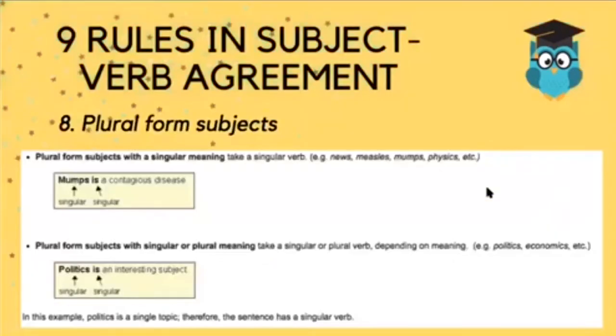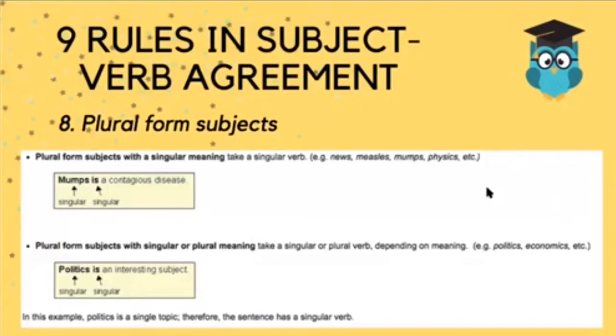Okay? Next, number 8, plural form subjects. Plural form subjects with a singular meaning take a singular verb. So months, it will take only a what? A singular verb, because yes, we know that months has S, but it is singular in meaning.